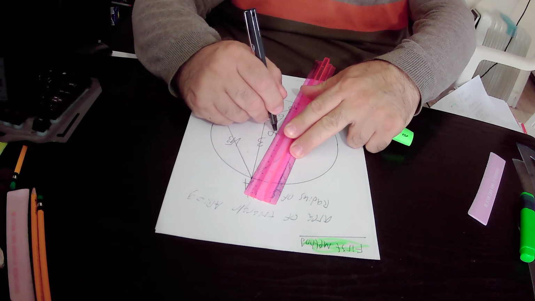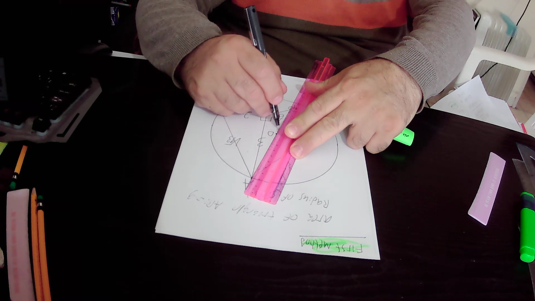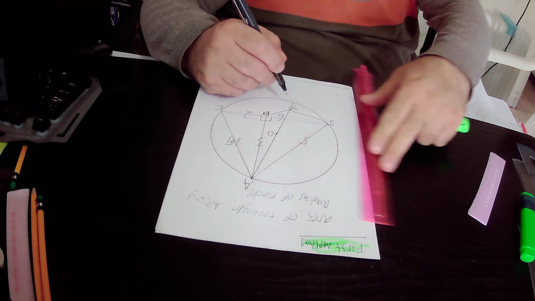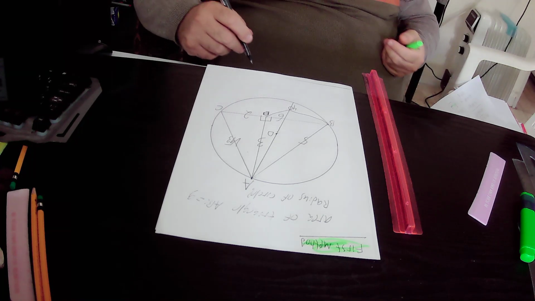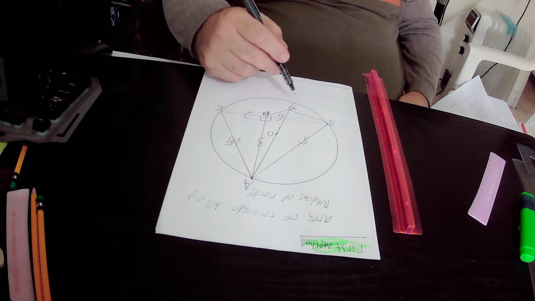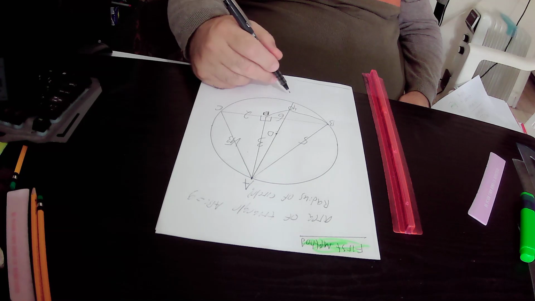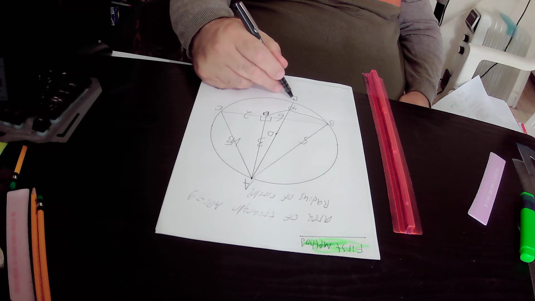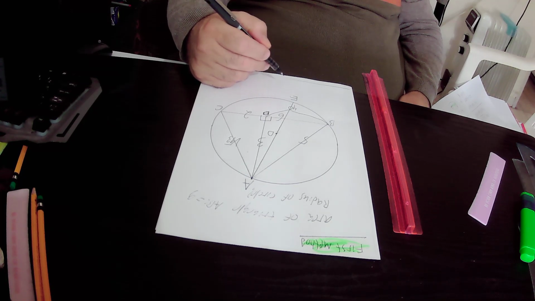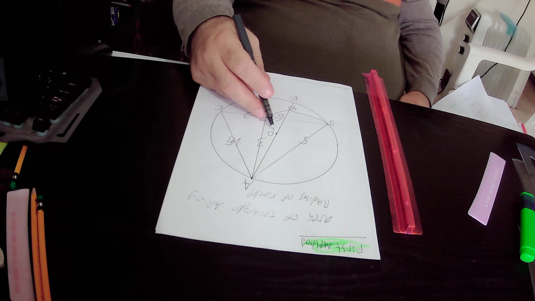And then we will extend line segment AO until it touches the circle, and we will define the touching point of the extended line segment with the circle as point E. So chord AE passes through the center of the circle.